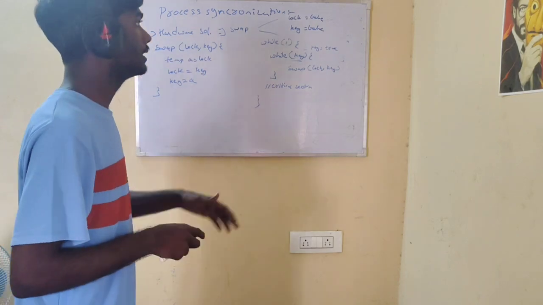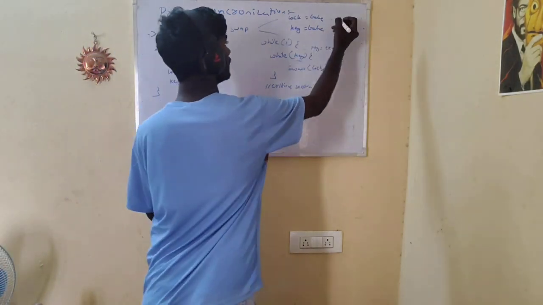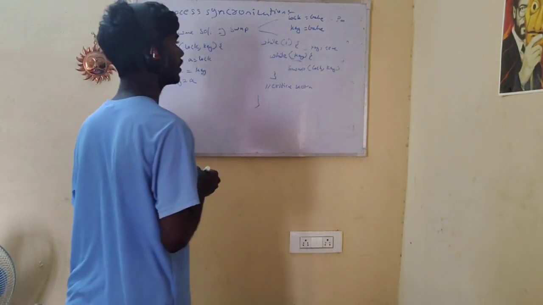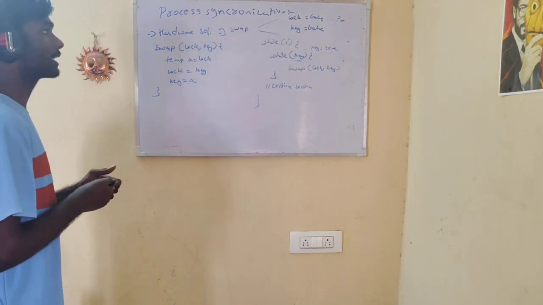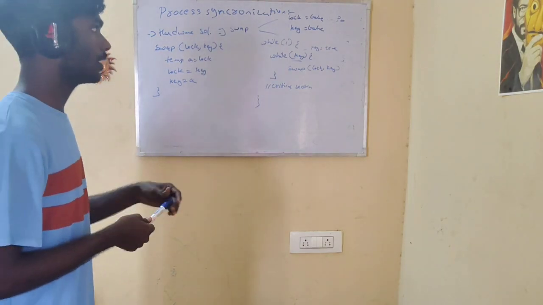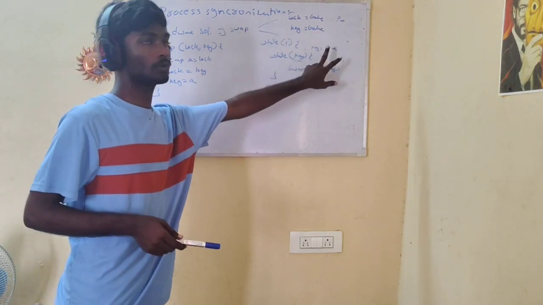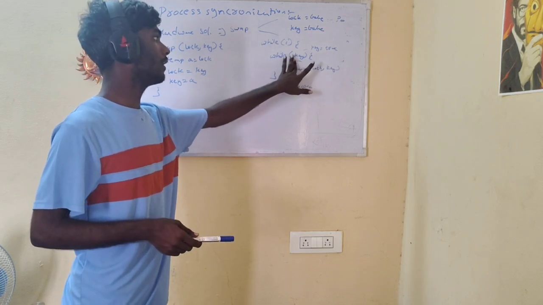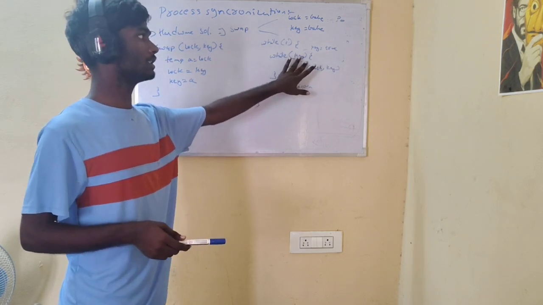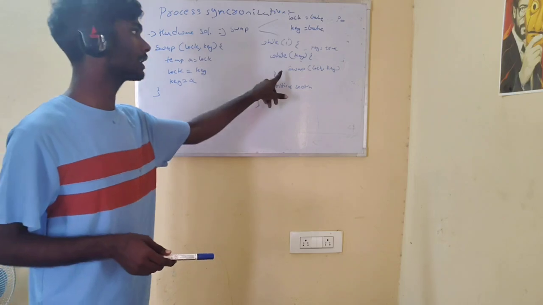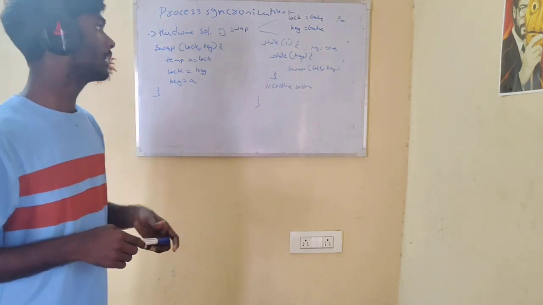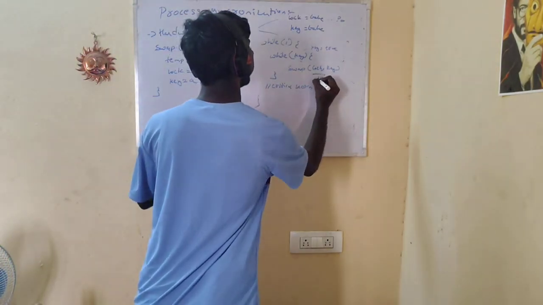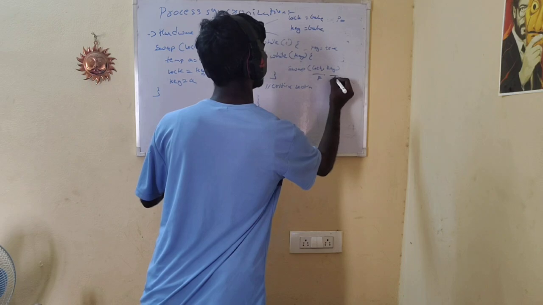Now let us consider a process P0 trying to enter the critical section initially. The value of the key is set to true, and because it is true in the initial iteration, we call the function swap of lock comma key. Here the lock value is false and the key value is true.